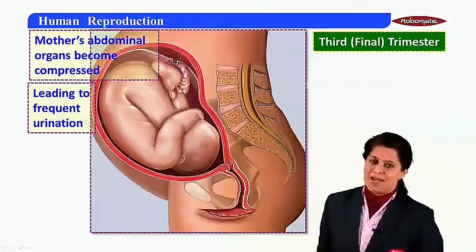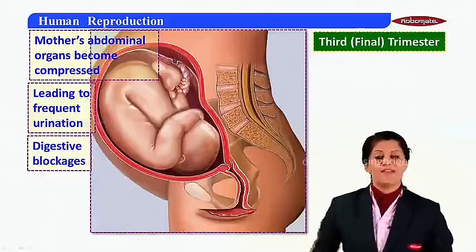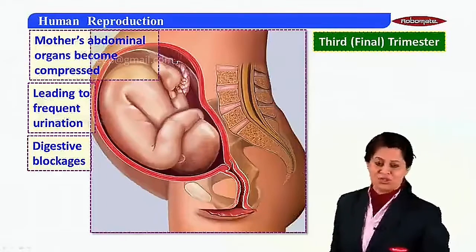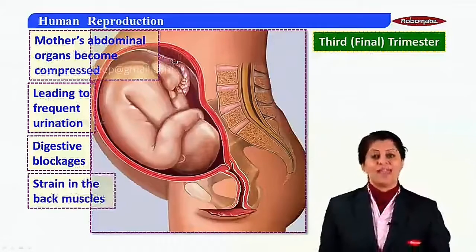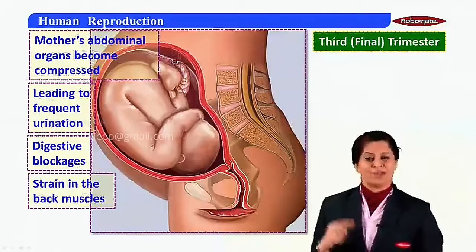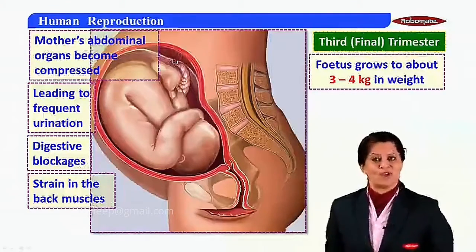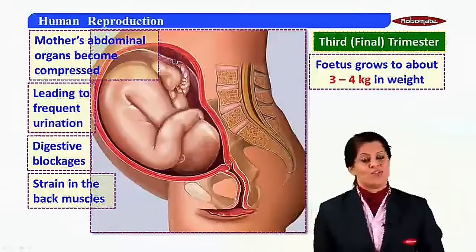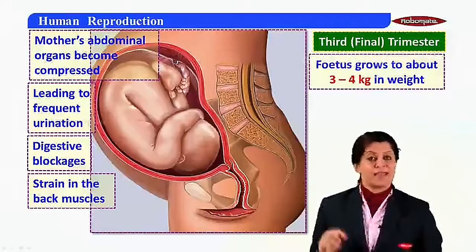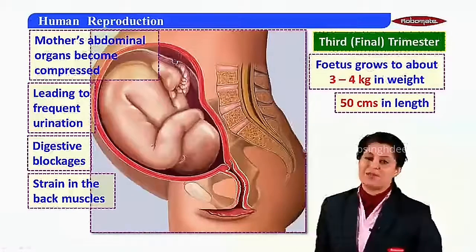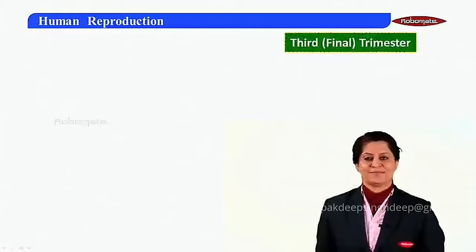So frequent urination happens. Digestive blockages because it is compressing intestines too. Strain in the back muscles because of the big fetus. The fetus grows to around 3 to 4 kgs in weight. And how long is it now? It's around 50 centimeter in length.